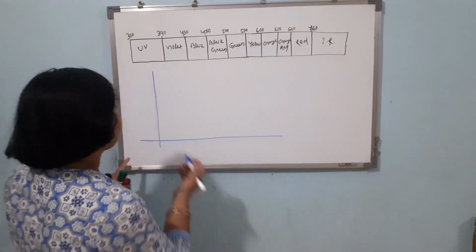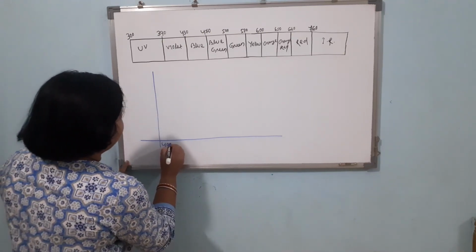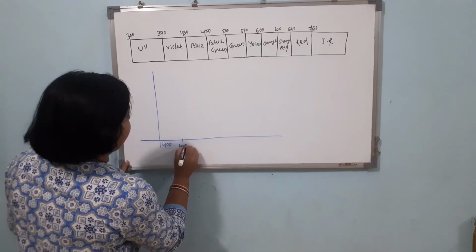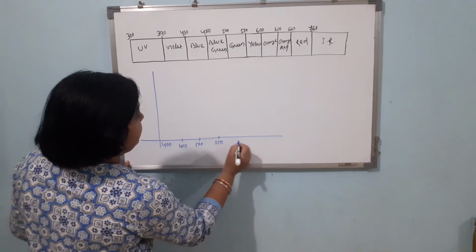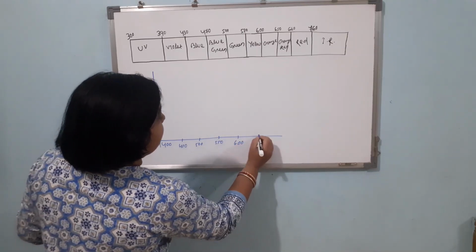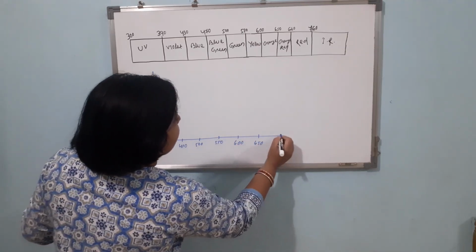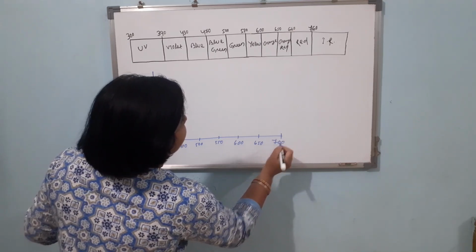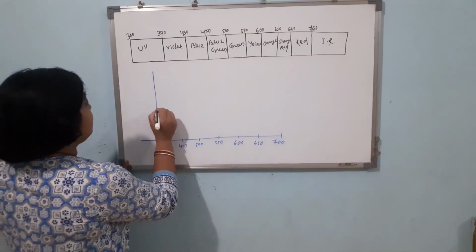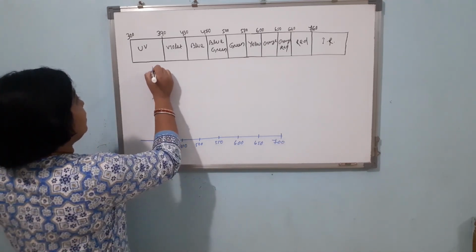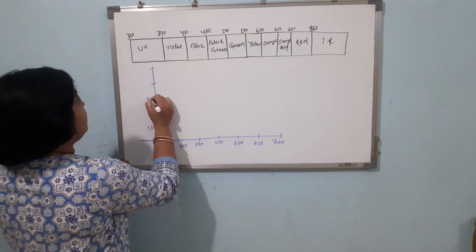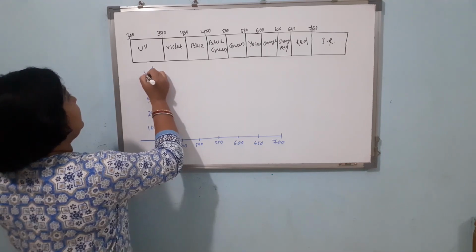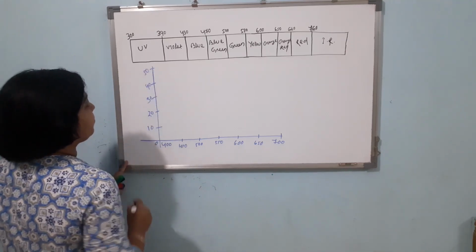First we will make a graph: 450, 500, 550, 600, 650, 700, and 10, 20, 30, 40 and 50.